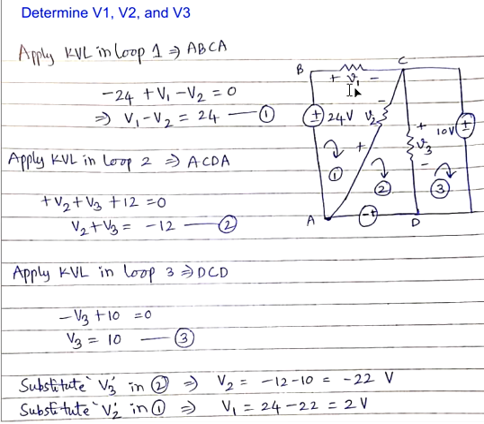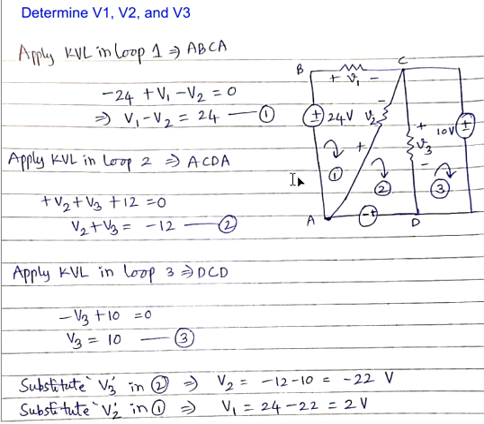There the voltage across the BC branch is plus V1. While traveling in the clockwise direction, I'm seeing plus first, so plus V1, then again while traveling in the same clockwise direction in the same loop, I'm seeing minus first for V2. So it is minus V2 equals 0.